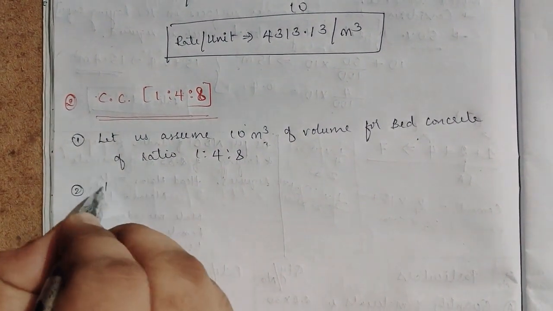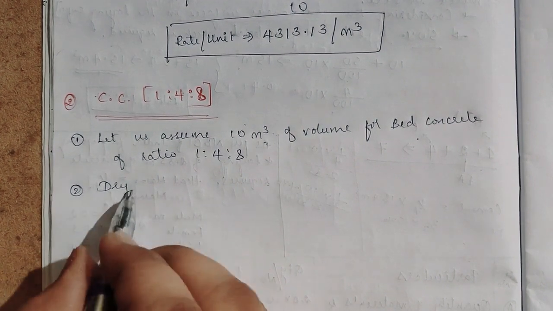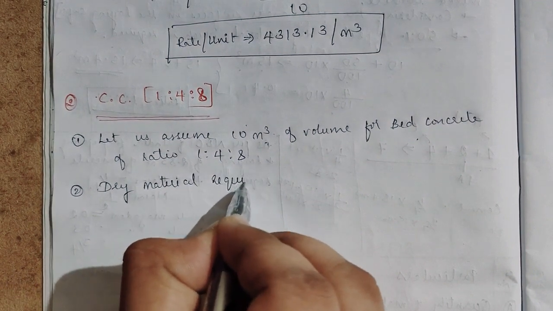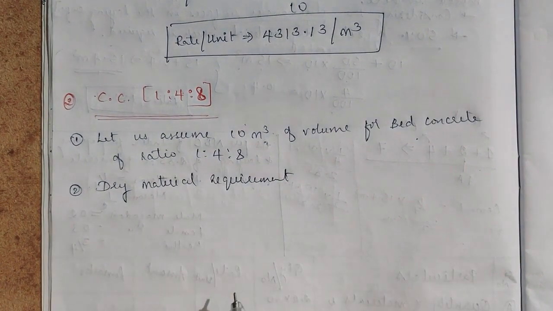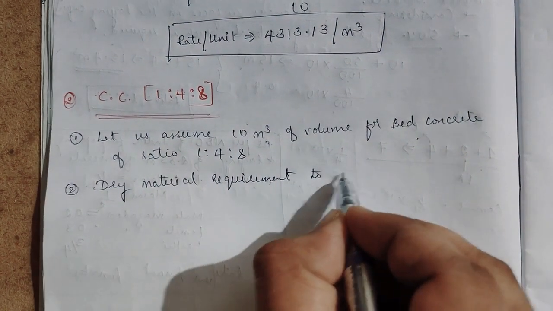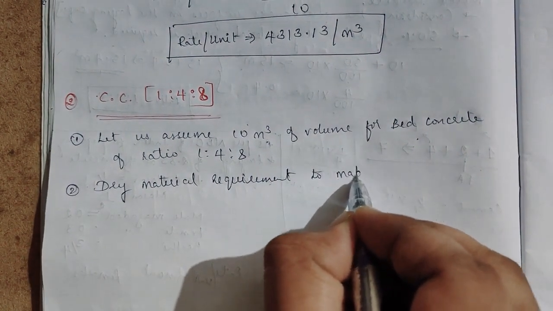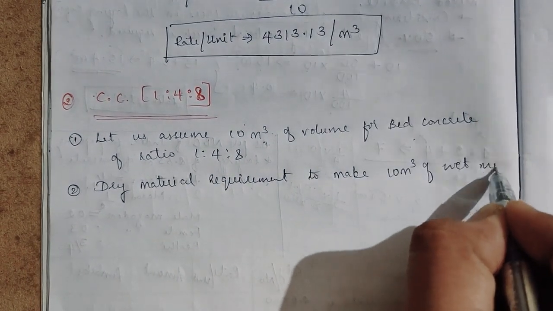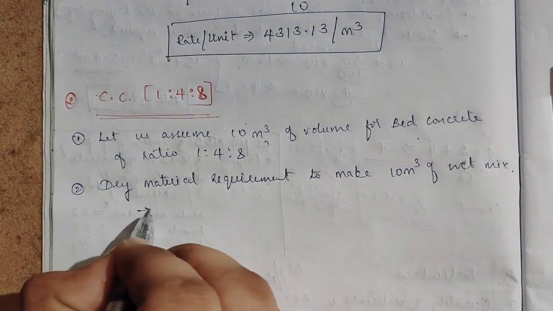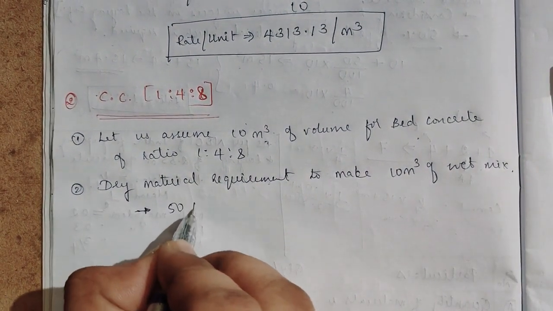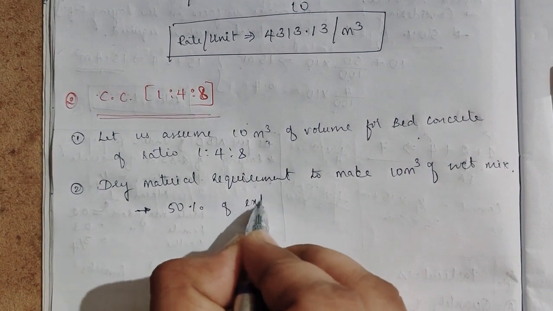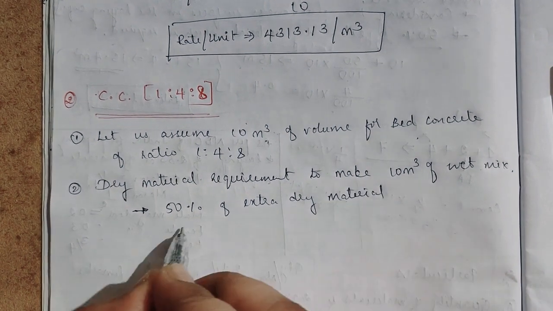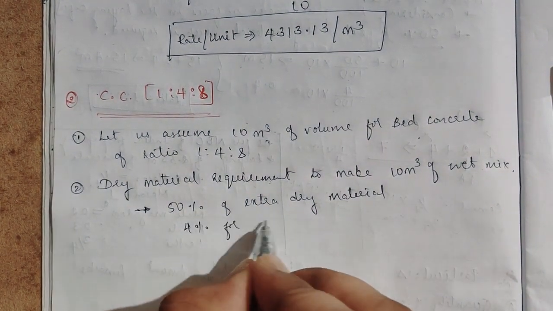Now second step, same steps. Initially I'll solve and give you, because this is second problem. So dry material requirement. I gave you the reason in the first problem to make 10 meter cube of wet mix. So first, 50% extra dry material, and 4% for unevenness.